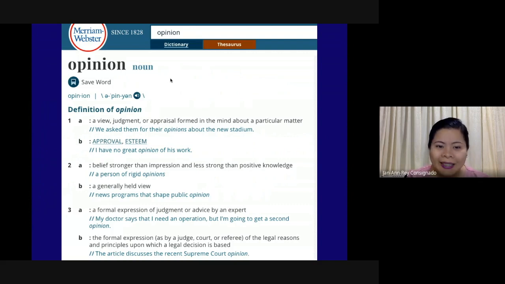Another one, a generally held view. And the third meaning, a formal expression of judgment or advice by an expert, and the formal expression of the legal reasons and principles upon which a legal decision is based.